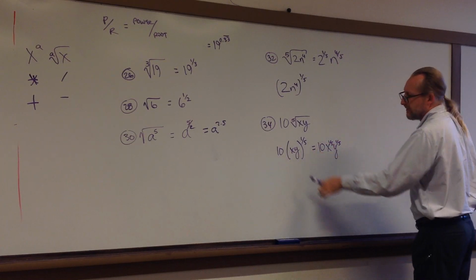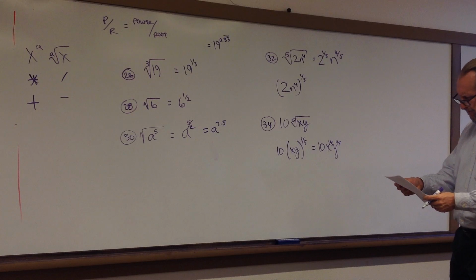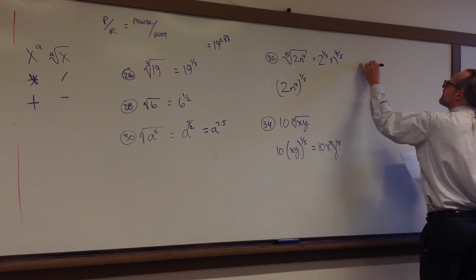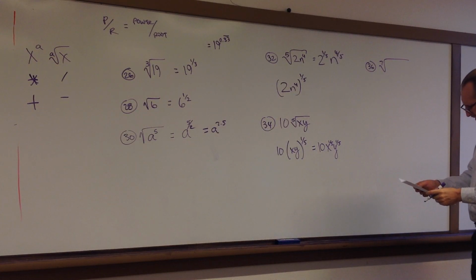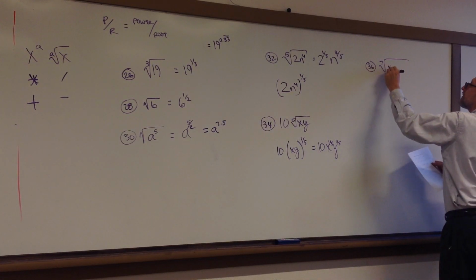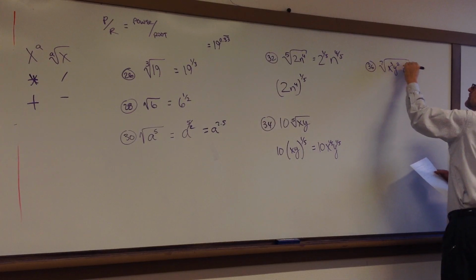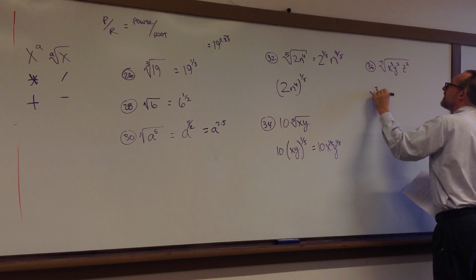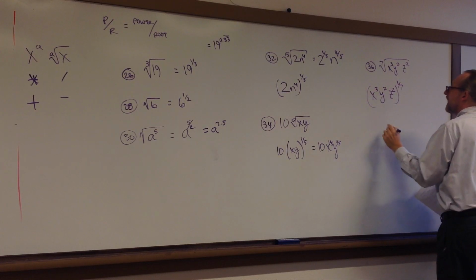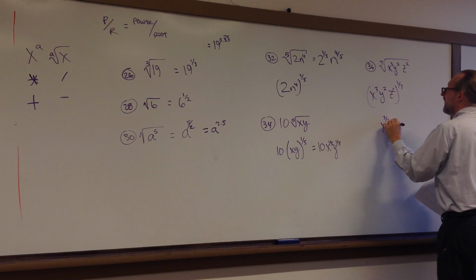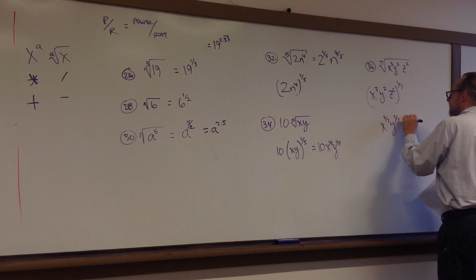This is correct, they're both the same thing. All right, 36, 7th root of x to the 3rd y squared z squared. So that'll be that whole mess to the 1/7 power, and then we could call that x to the 3/7, y to the 2/7, z to the 2/7.